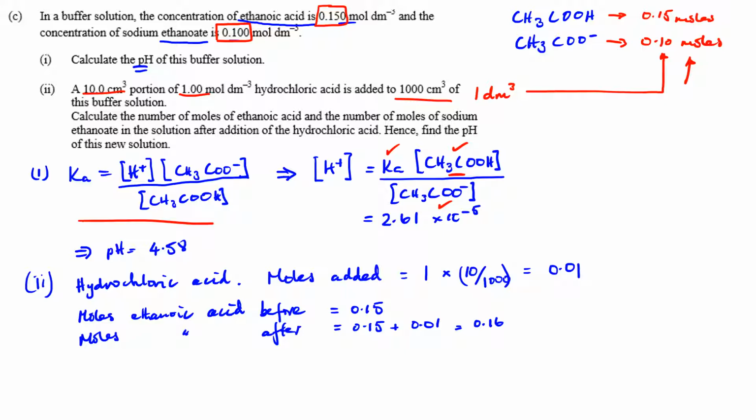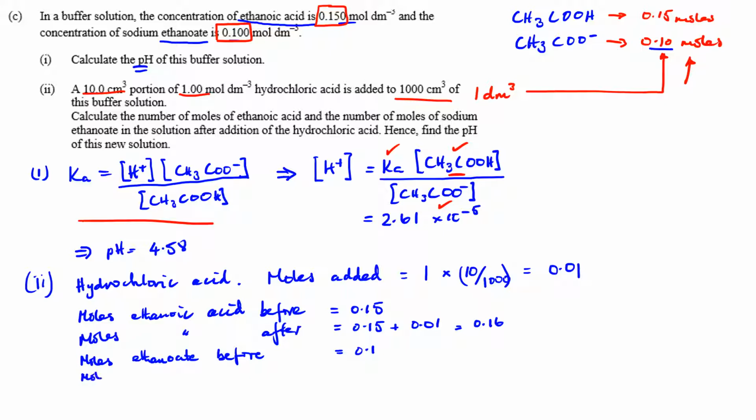Okay, so now we're going to switch to the sodium ethanoate, and so the moles of ethanoate before the addition, we already worked out at the very start, was 0.1, from this 0.1 here.